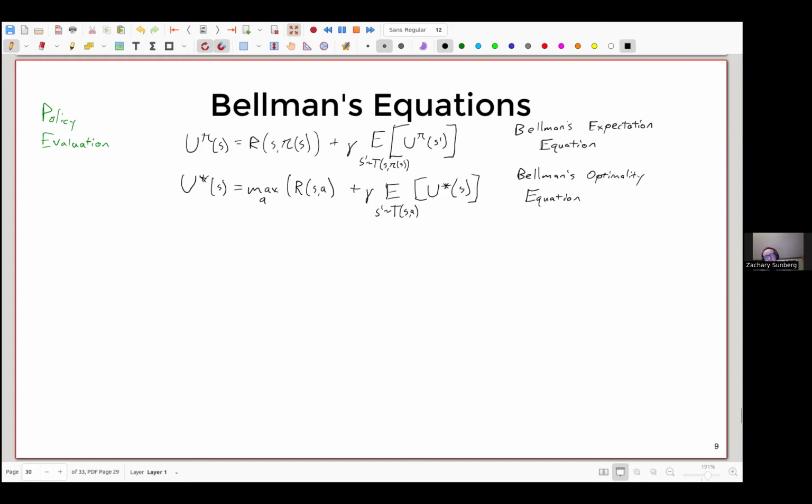And if you hear people talk about just Bellman's equation, this is most likely what they mean. So this U* here is the value for the optimal policy, the value for the policy that maximizes the value function. Now, there's two places we use this.